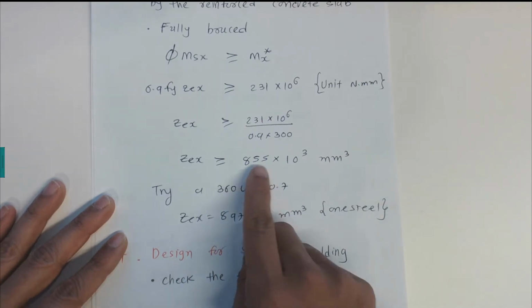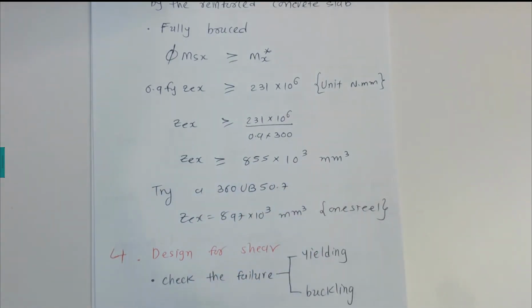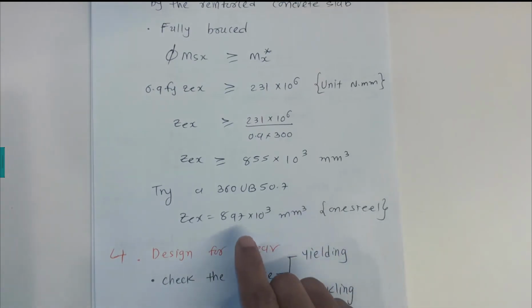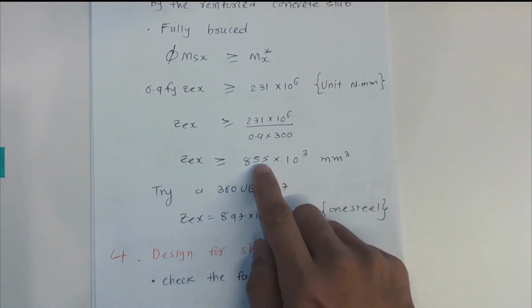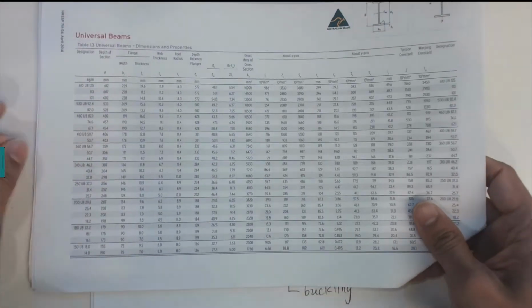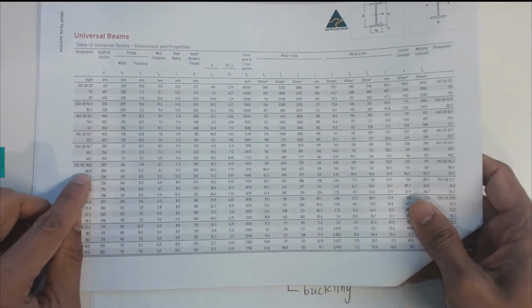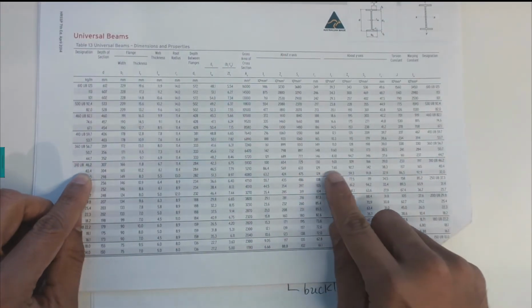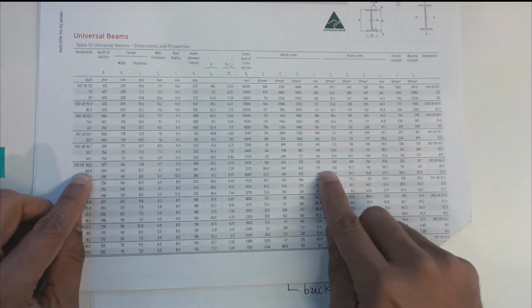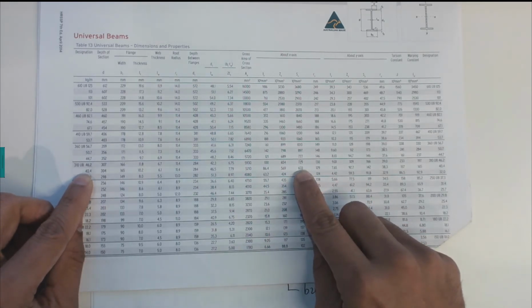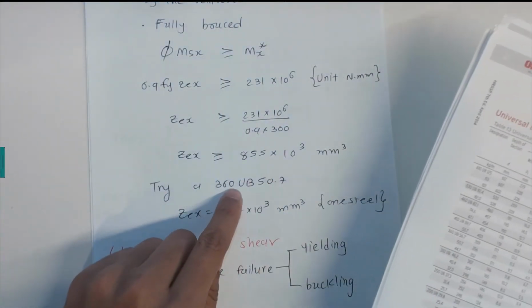Now we are going to check in the Australian standard, in the OneSteel table, and we are targeting a ZE value greater than 855. If you go here, 310 UB 40.4 has a ZX value of 633. We need 855, so we need to go to 360.